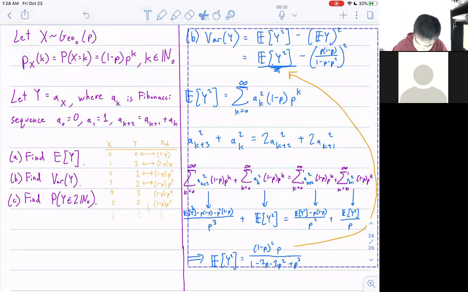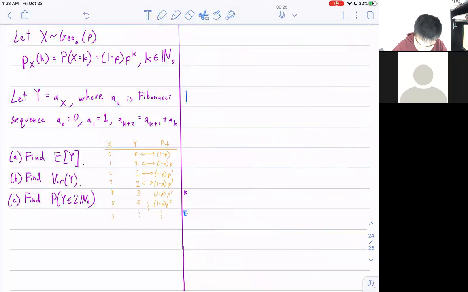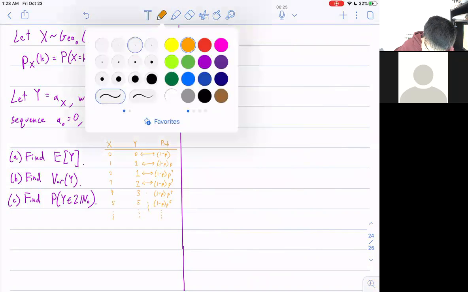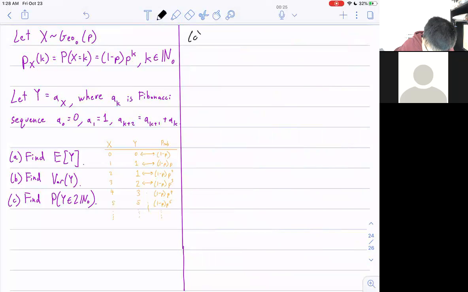So let's erase this and move on to the third problem. So now the third problem is asking, what's the probability that our random variable, the geometric distribution of the Fibonacci sequence, is even? So to get intuition of that, let's write some terms out.